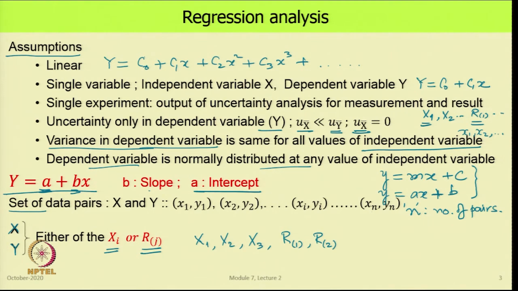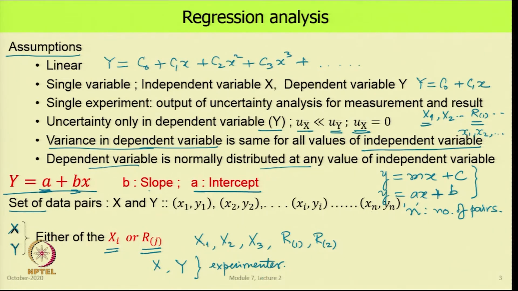And what we are saying is any of these could be our independent variable x, and any of these remaining could be our dependent variable y. This selection depends on the experimenter. You need knowledge of the experiment to decide which is the independent variable and which is the dependent variable.